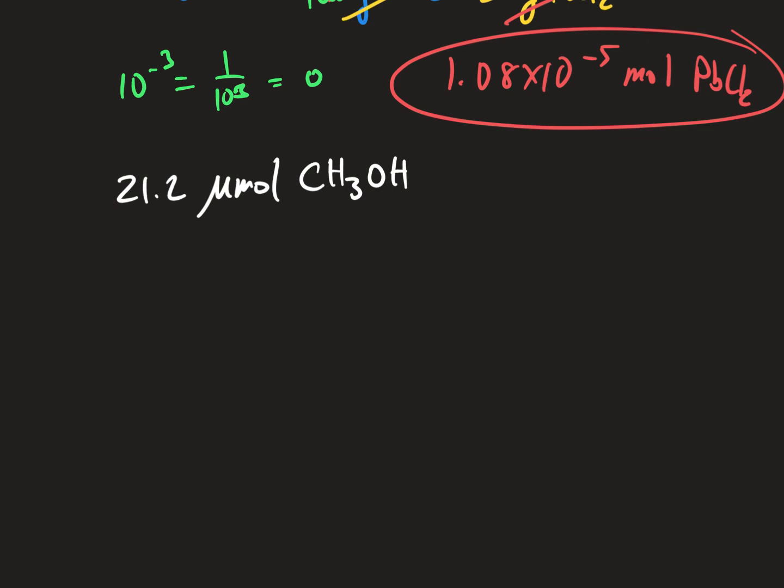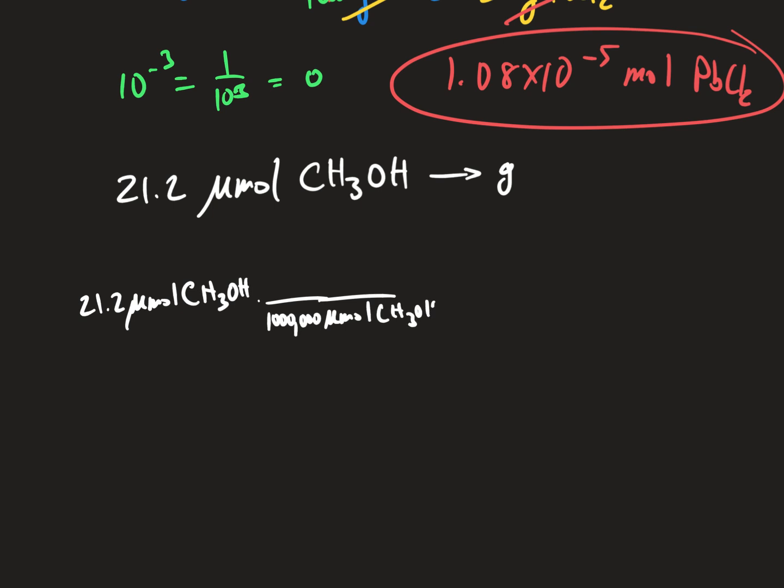Is that the way you want to do it? Okay. So we want to convert this to grams. We start with 21.2 micromoles of methanol, and 1 million micromoles is the same as 1 mole.